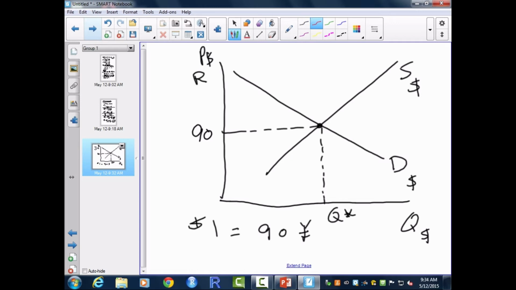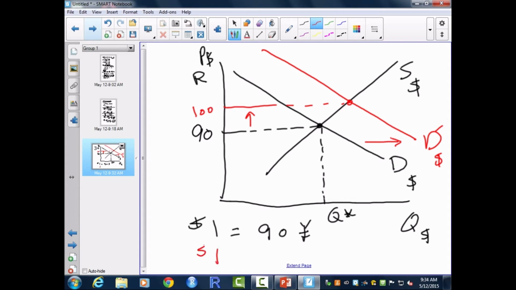Now, if demand for dollar goes up without any change in supply, goes to D prime of a dollar, shift to the right, equilibrium will go up, let's say to 100.